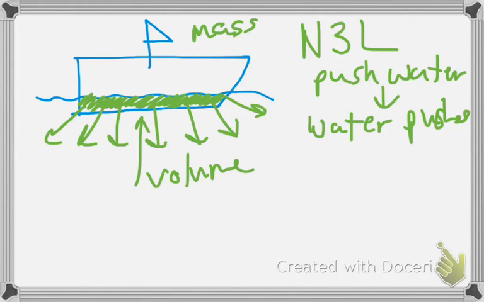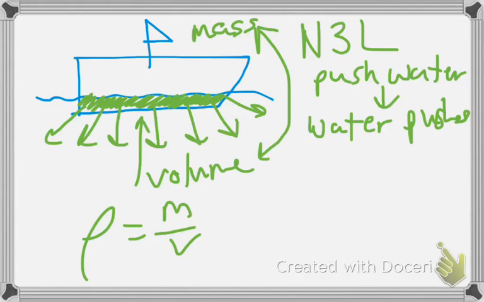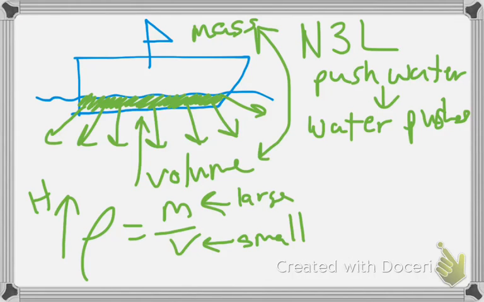So what is that quantity that has mass and volume in it? Well, that's density. Density is mass divided by volume. So you can have a really large mass but a very small volume, and that gives you a high density.